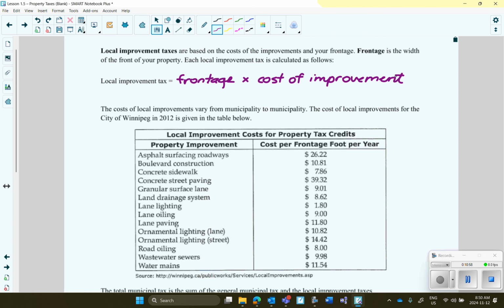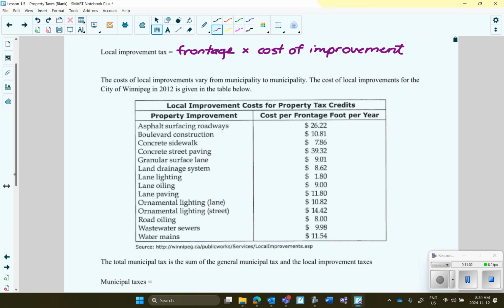So, for example, you can see here that if they're constructing a sidewalk on your street, chances are you'll have to pay a local improvement tax of $786 times whatever the width of your property is.